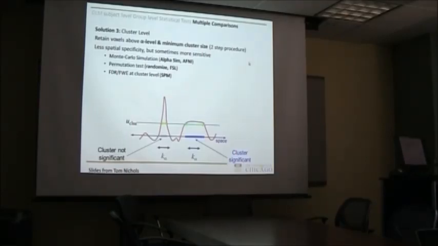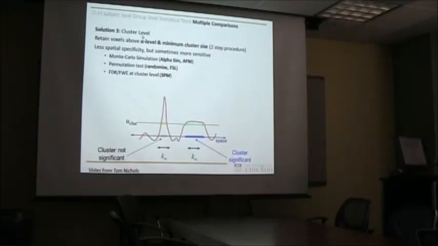A third solution, right? So we have the Bonferroni with the voxel level corrections, is to use what they call a cluster level correction. And this is a two-step procedure. So what you do is you first establish this alpha level, this p-value, that's your critical p-value, again corresponding to some t-value, that any of the activation in your brain should minimally have.